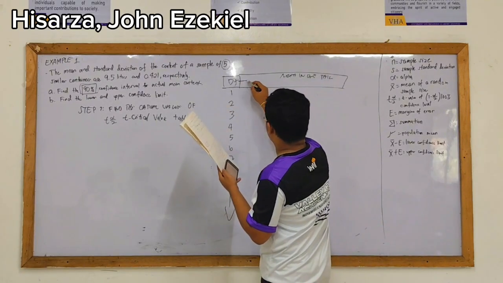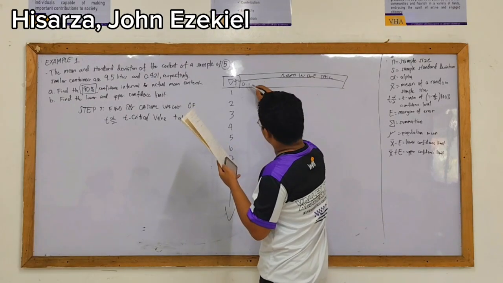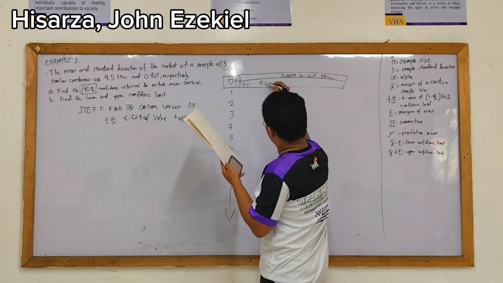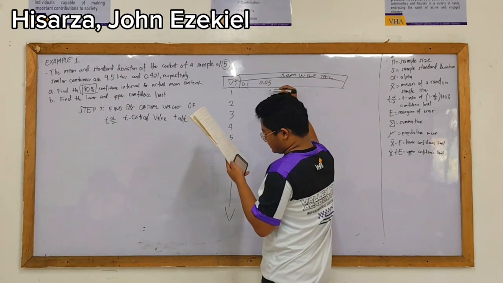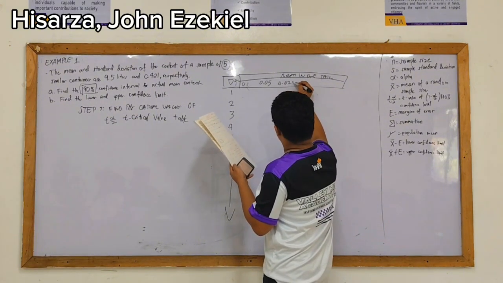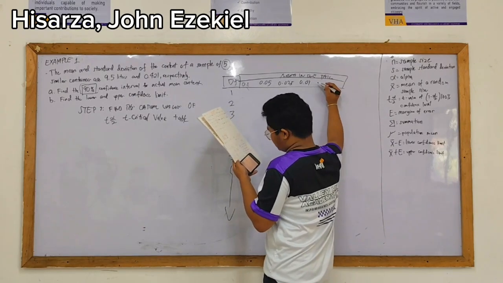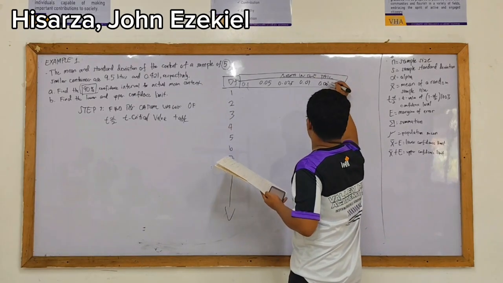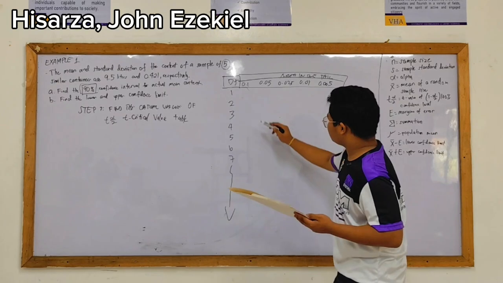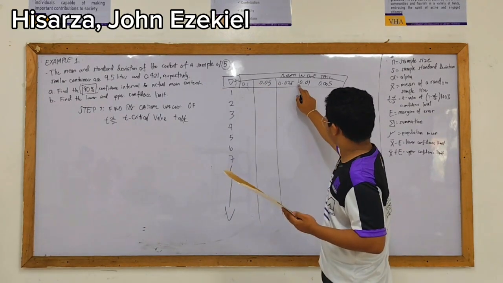So here we have the values of 0.10, 0.05, 0.025, 0.01, and 0.005.